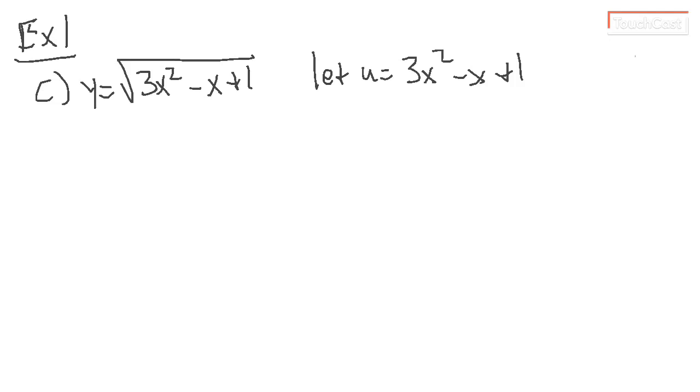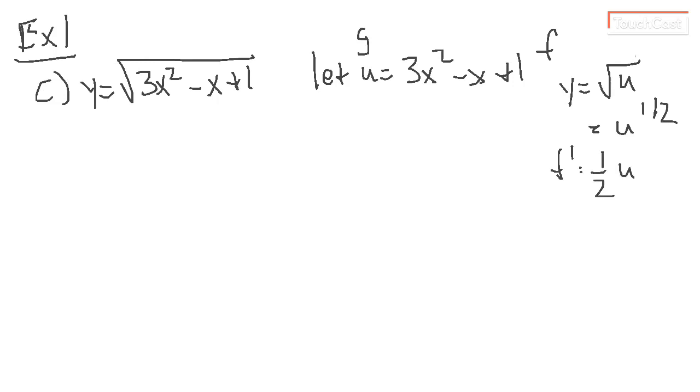I'm then going to let y equal the square root of u. Now y, if it's the square root of u, that means it's also u to the 1/2. Now keep in mind, g is like our u, f is like our y. So if we want to find f prime, we're going to have 1/2 u to the negative 1/2. If we want g prime, we're going to have 6x minus 1.